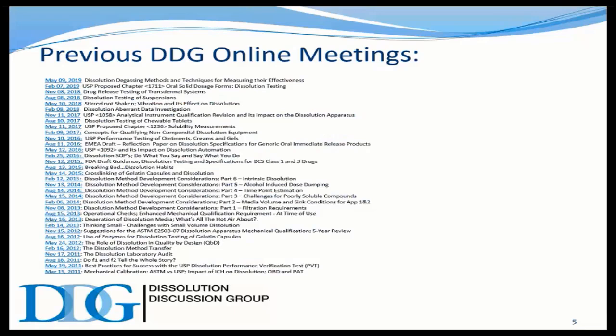It's a little bit hard to see probably all the meetings that we've had, and you can go to the site and you'll see all of these meetings listed, and in fact they're all recorded. So if there's something here that you'd like to go back and look at, or just to get a little bit of information on, we try to keep these topics contemporary. You'll see a lot of things maybe where there's a new USP chapter introduced, we'll discuss.